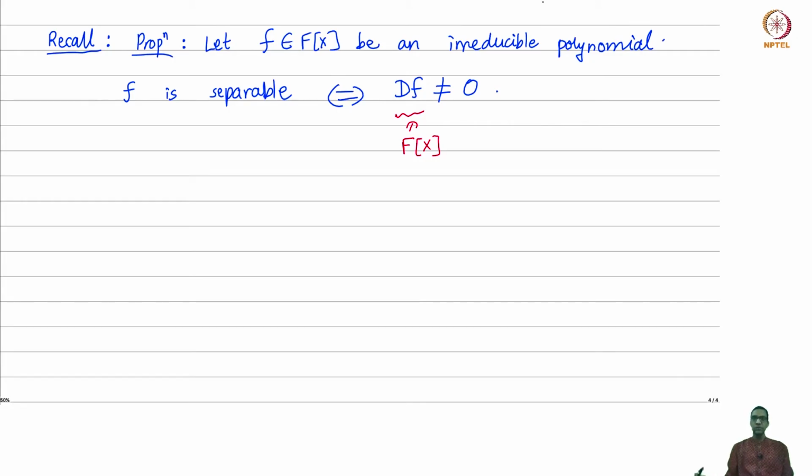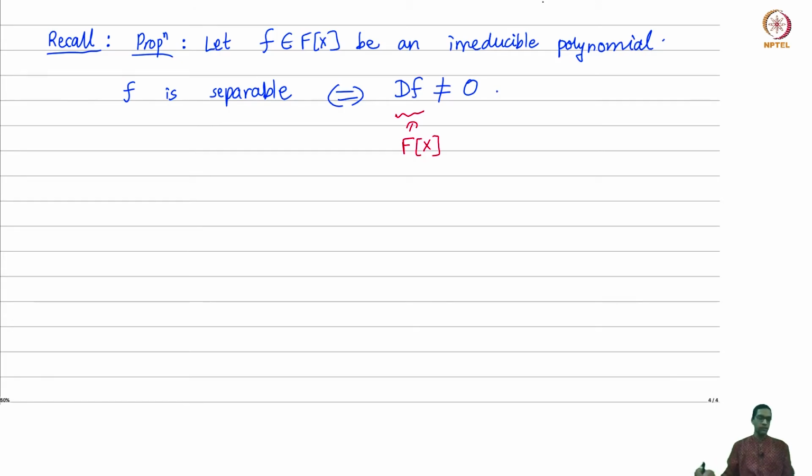If f is irreducible, the only factors of f are 1 and f. So if df has strictly smaller degree, there's really no way it can share a common factor with f unless df is the 0 polynomial. So that is how this was proved.